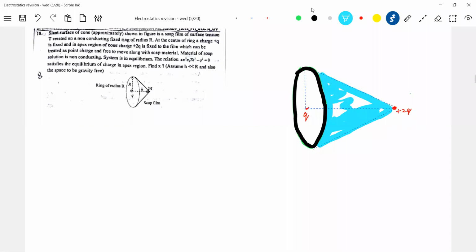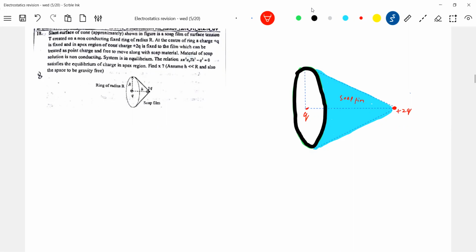Yeah, let's get into the problem now, the discussion. It's telling that it's in equilibrium. Inside air will be there. So this is the soap film. How will the soap film be in the form of a cone?